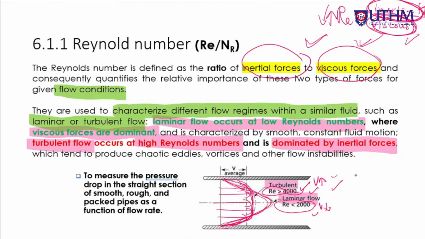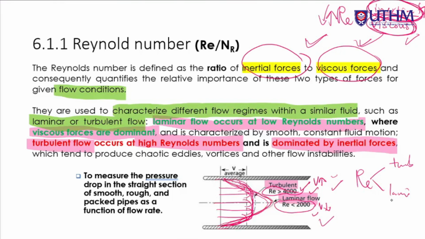Okay, so based on Reynolds number, kita boleh characterize sama ada dia turbulent or laminar. Okay, so based on this reference, dia ada basically different reference. The value of Reynolds number for turbulent and laminar is a bit different, but it depends on cases lah.